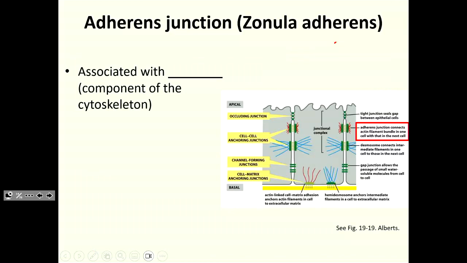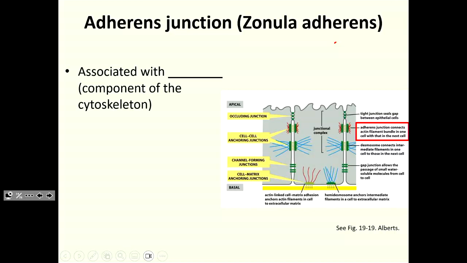So this is one cell, this is another cell, and these are the cadherins sticking in the plasma membrane. And so this is what they're doing to effect adhesion, basically. But just on their own, they're not that strong, right? So inside the cell, remember they're plasma membrane proteins, they're going to be connected to a part of the cytoskeleton.